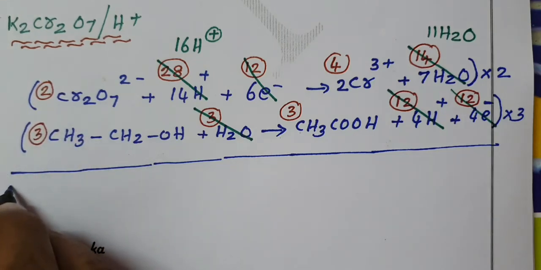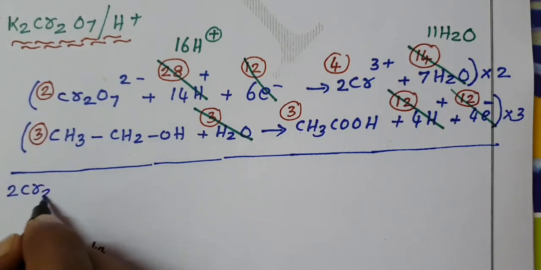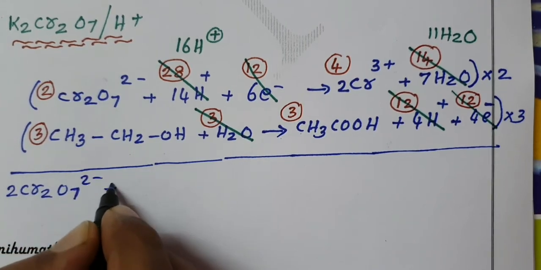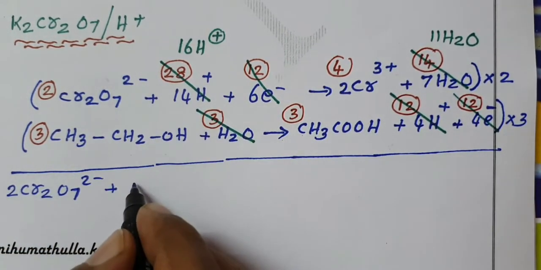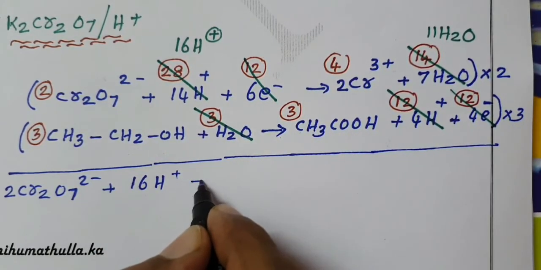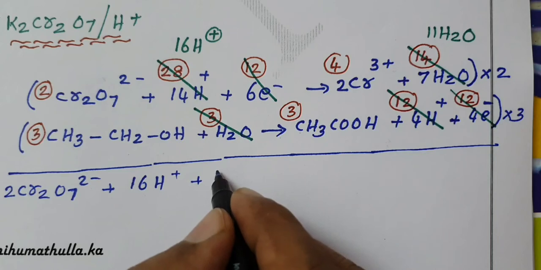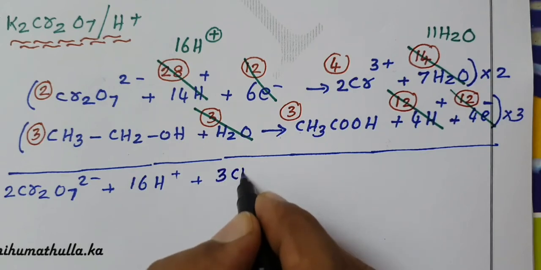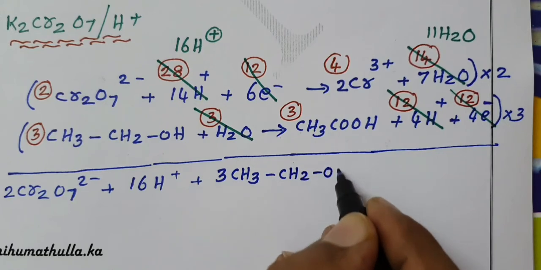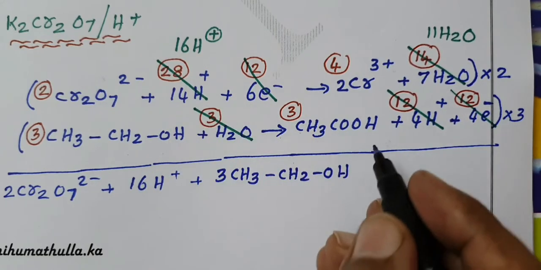2 Cr2O7 2- plus how many H+? 16 H+. How many ethyl alcohol? 3 molecules of CH3CH2OH. Left hand side is over.